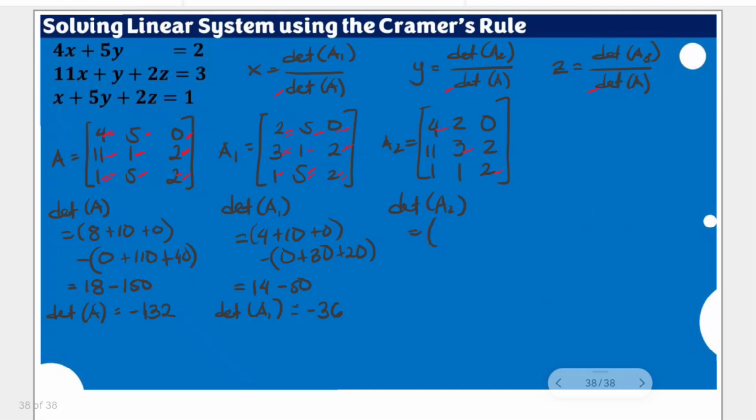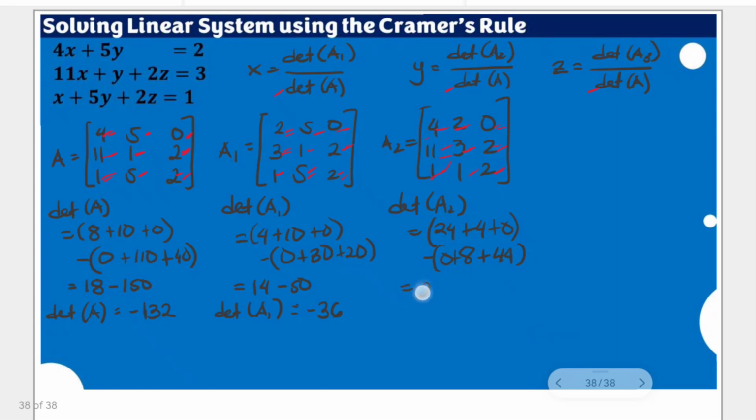4 times 3 times 2, that's 12 times 2, that's 24. Next, 2 times 2 times 1, that's 4. Then, 0 times 11 times 1, of course, that's 0. Minus the next diagonal, you have 0 times 3 times 1, that's 0. Next, 2 times 1 times 4, that's 8. Next, 2 times 11 times 2, that's 22 times 2 is 44.